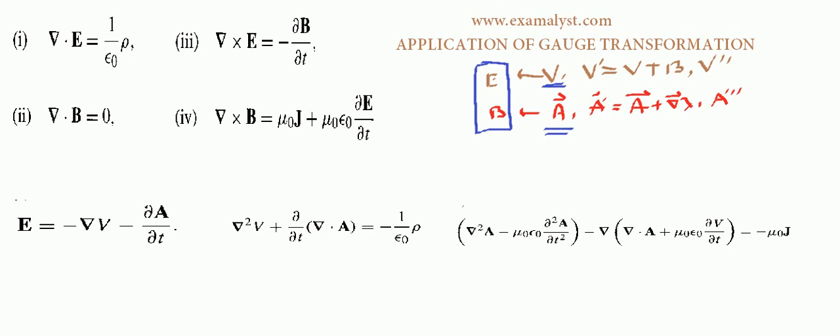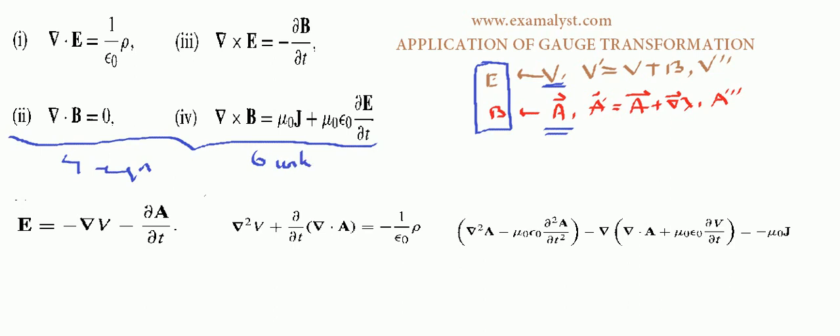On the other hand, I said that Maxwell equations are four equations with six unknown variables.